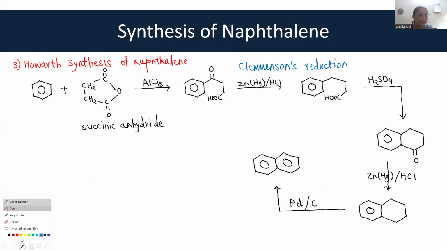And when we do Clemmensen's reduction, this gets converted to 1,2,3,4-tetrahydronaphthalene. Okay. This can be aromatized by treatment with palladium over carbon, where the hydrogen will be lost and naphthalene will be formed.